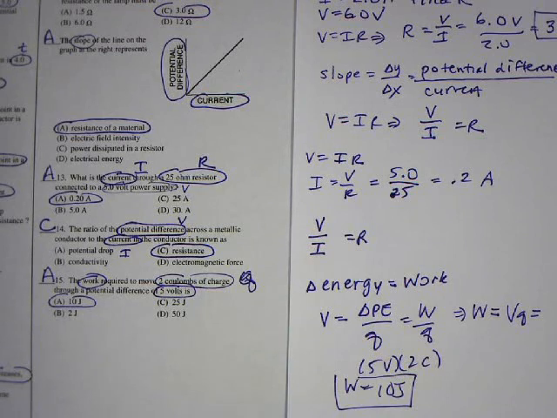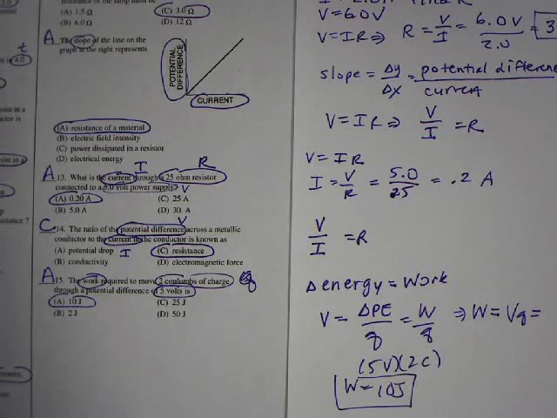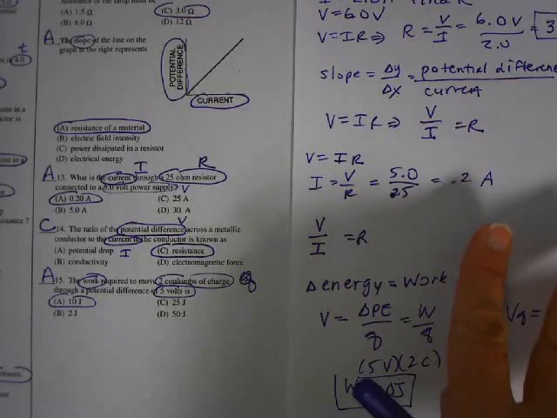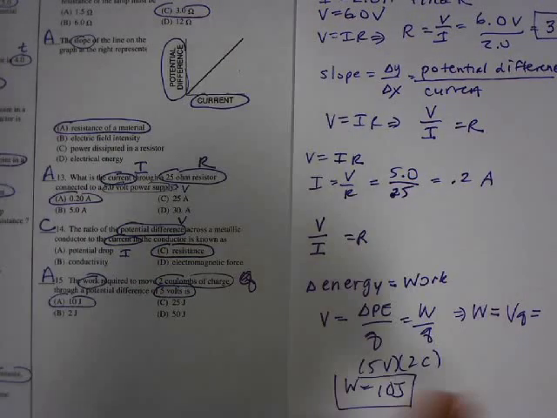So the key to doing the multiple choice questions is the more you write down on your scrap paper, the back of your FRQ, the less likely you are to make a mistake. The suggestion is take the back of your scrap paper, hold it like this, side by side, just like I did, put a piece of paper here, and then write down everything that you need to know.